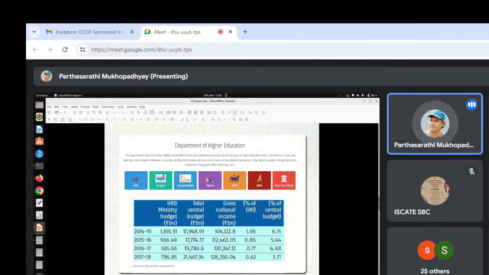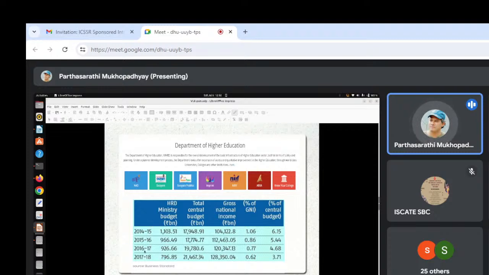So you see here in this Department of Higher Education, if you see the statistics and budget, we Indian higher education institutes are at the crossroad. We need unprecedented support from the government at this crossroad. And what is happening in reality?